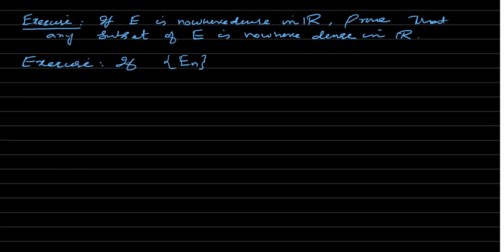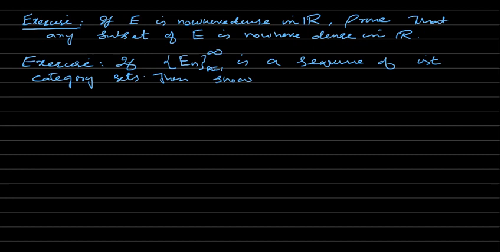If En, n runs from 1 to infinity, is a sequence of first category sets, then show that the union of En, n from 1 to infinity, is also first category.